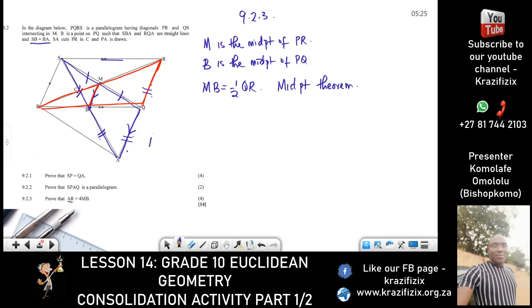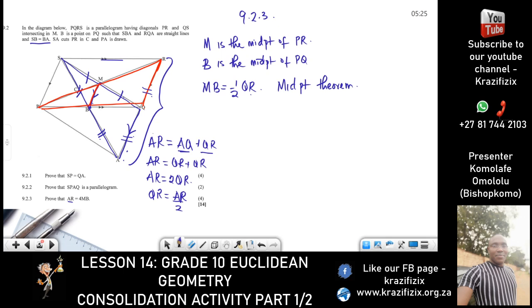Check this. AR, the full length here, is equal to AQ plus QR. Is that fine? But AQ and QR are equal. So AR is QR plus QR, so AR equals 2QR. Divide both sides by 2: QR equals AR over 2.